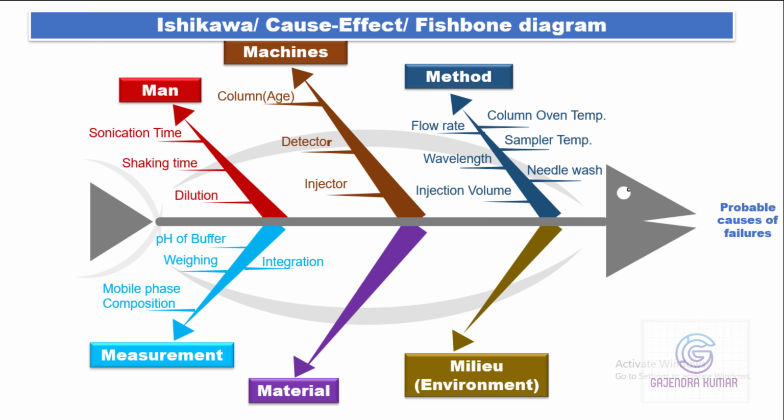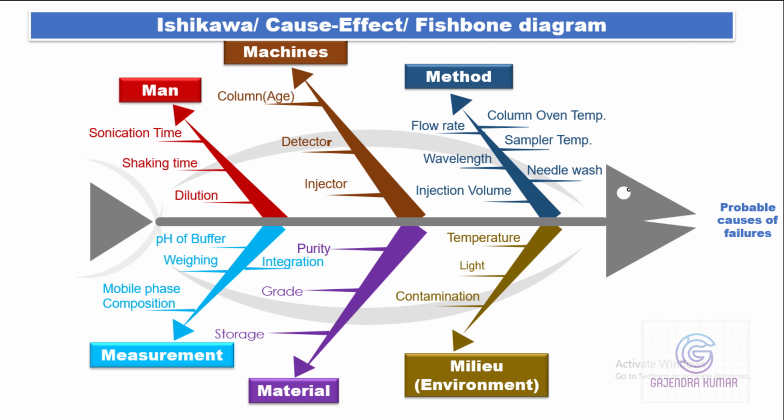With respect to the measurement, pH of the buffer, weighing, mobile phase composition, integration can impact. With respect to material, purity, grade and storage. With respect to the environment, temperature, light, contamination. So these are the causes that can impact the performance of the method.